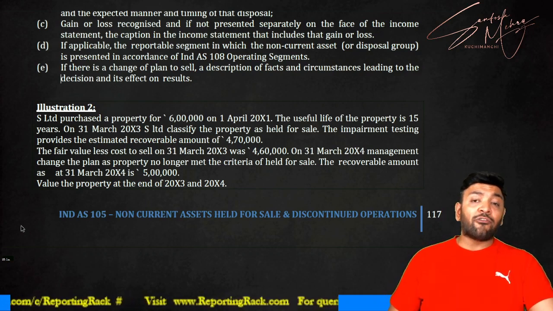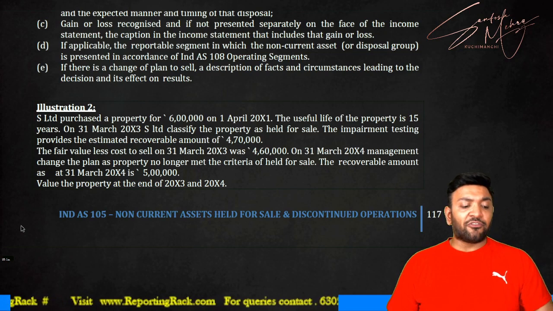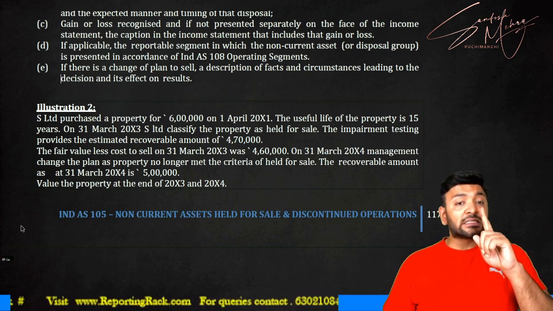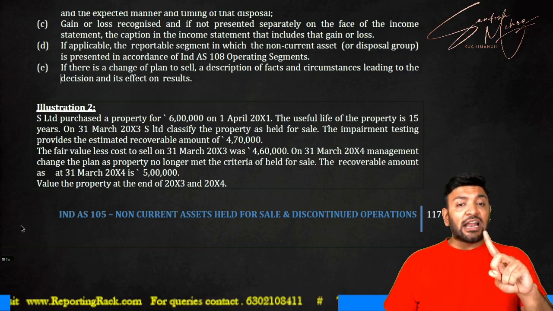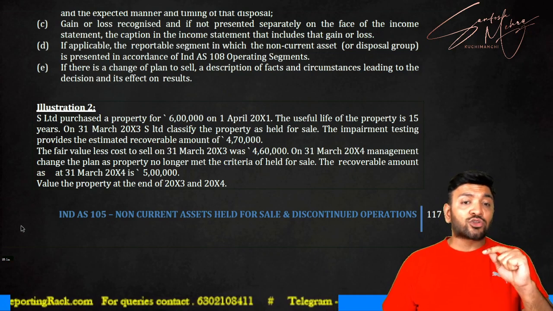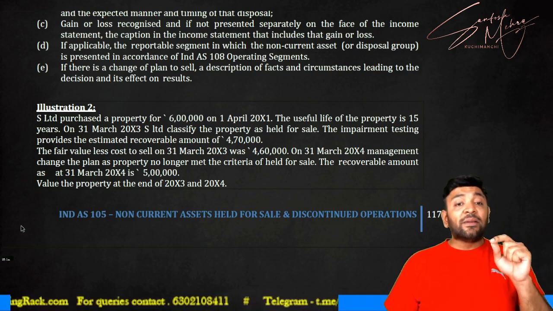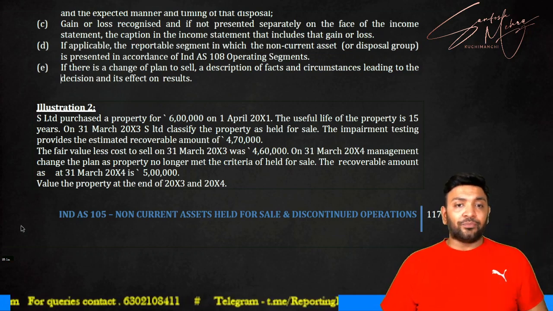Guys, the useful life of the property is 15 years. What is the cost of the asset? 6 lakhs. 6 lakhs divided by 15 is how much? 40,000 is the depreciation every year. If 40,000 is the depreciation every year, by the time you come down to 31st March 2023, you would have depreciated the asset by 2 years. That means 80,000.